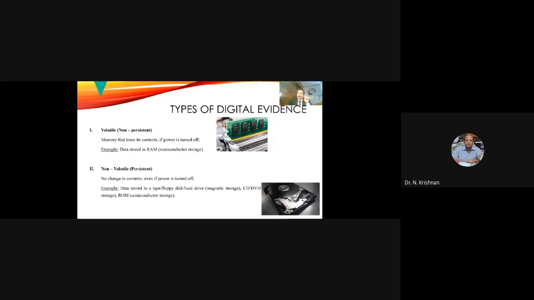All these things become relevant in terms of examination. So the moment you shut down the computer, this information is lost.